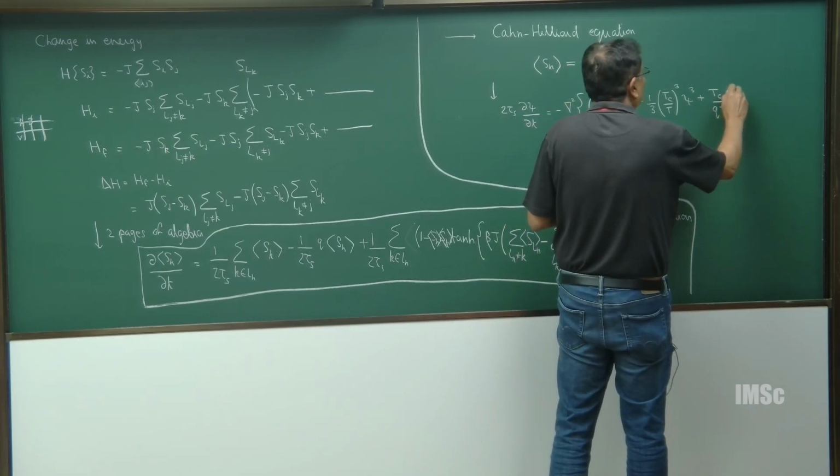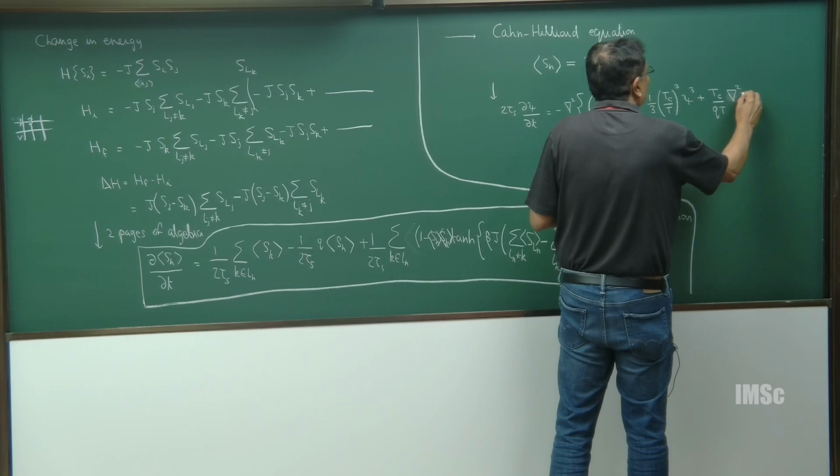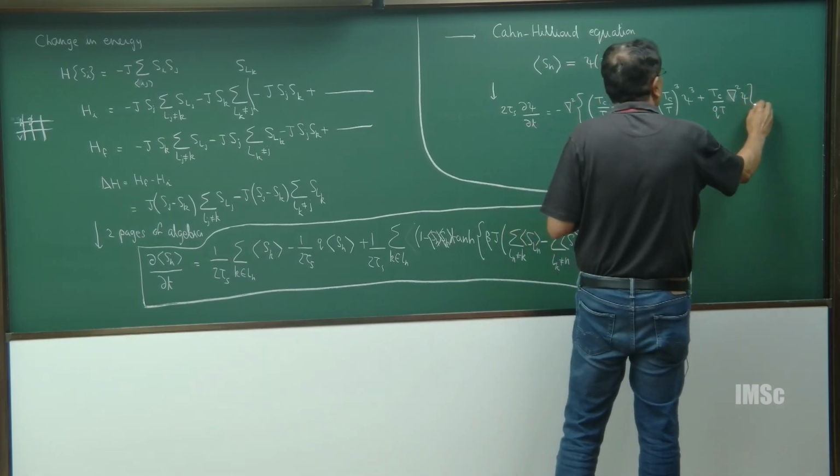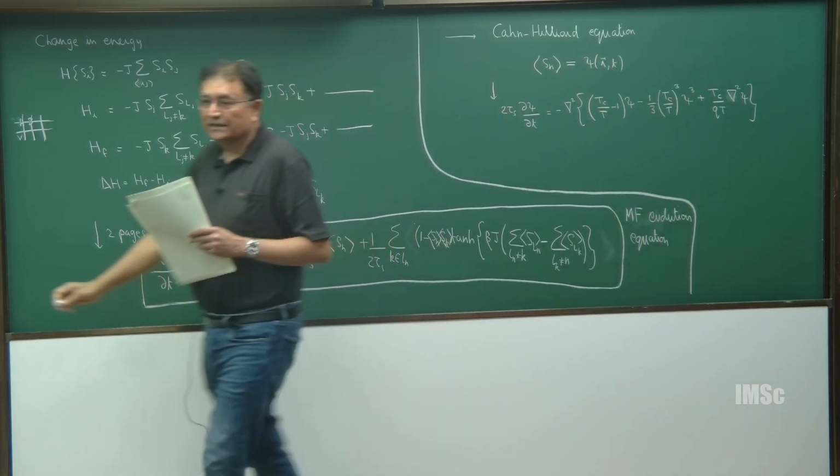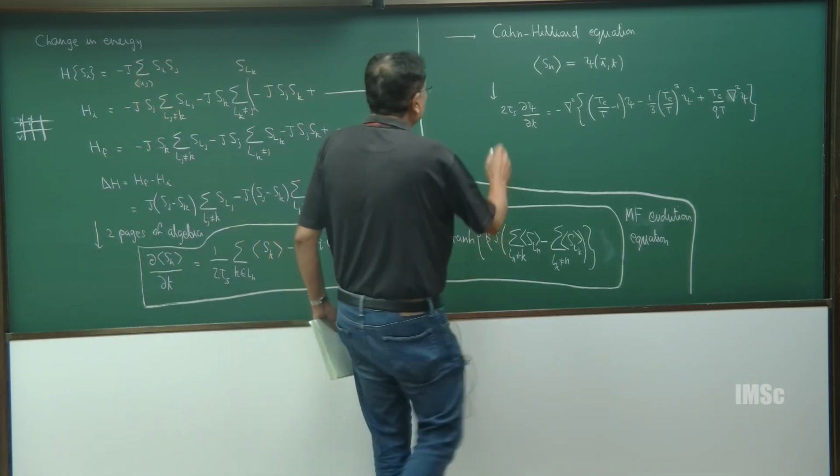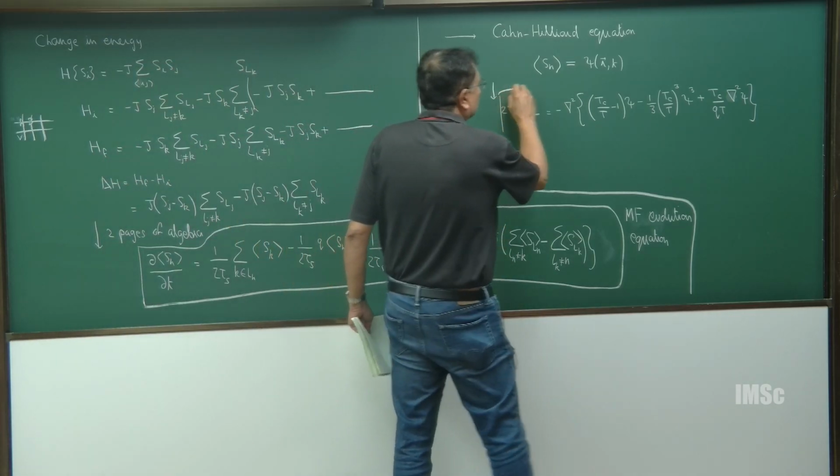A I have absorbed into the derivative. That's the final equation, and that's what's known in the literature as the Cahn Hilliard equation.